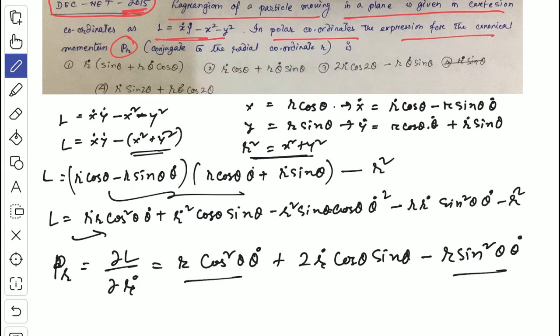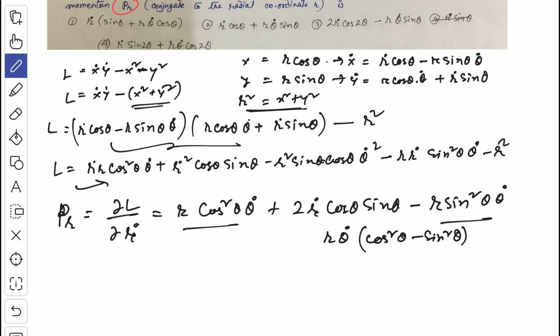From these two terms, we can take r θ̇ common, then within the bracket you will get cos²θ minus sin²θ.